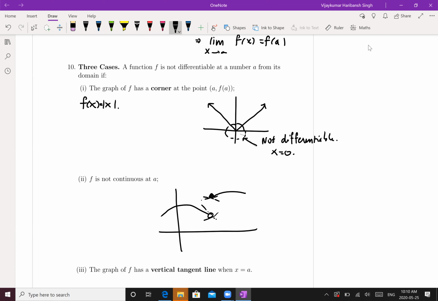So we have already shown that f is differentiable implies f is continuous. So the contrapositive of this statement is if f is not continuous, then f is not differentiable.